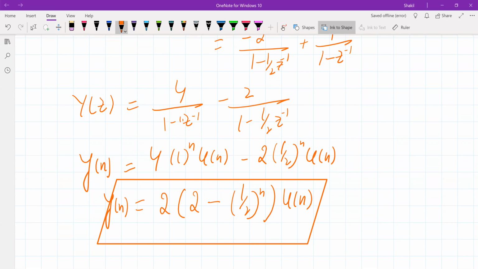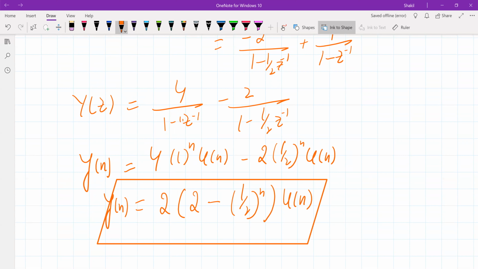So the step response of this system, described by the difference equation, is simply y of n equals 4 minus 2 into (1/2) to the n, times u of n.